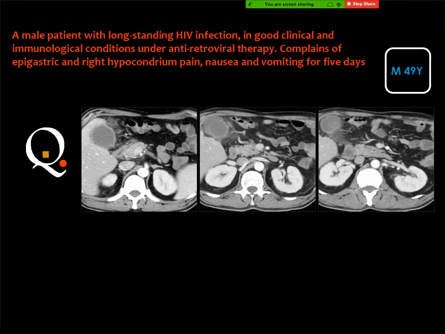Focal lesion in the head of the pancreas? No, this is the head of the pancreas, which is good. Acute cholecystitis. Acute non-calculous cholecystitis. What do you think of this fluid? What is the diagnosis? Granulomatous?